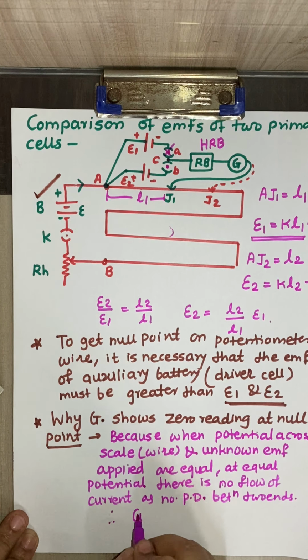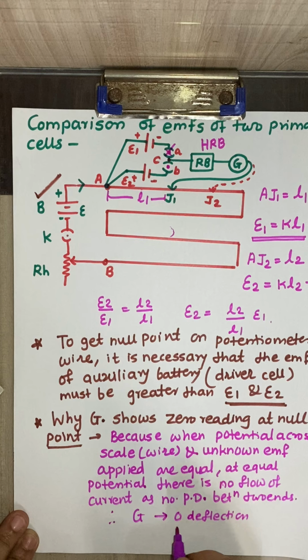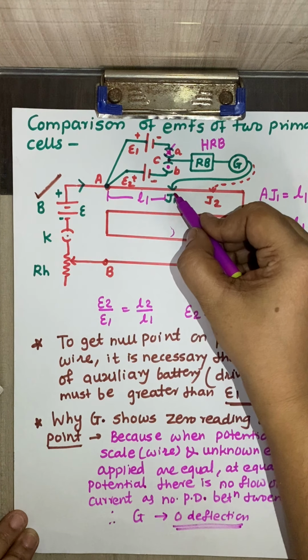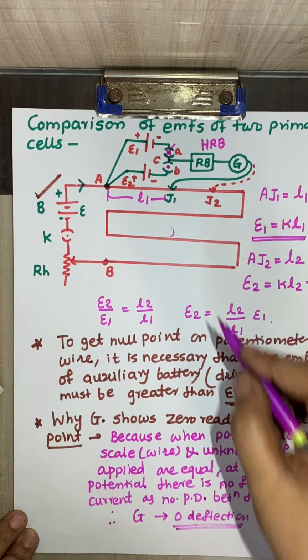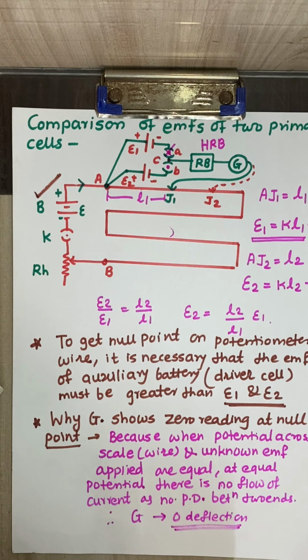Therefore, the galvanometer shows zero deflection, and that length is called the balancing length. So the length where the null point occurs in the circuit is called the balancing length, or the null point.